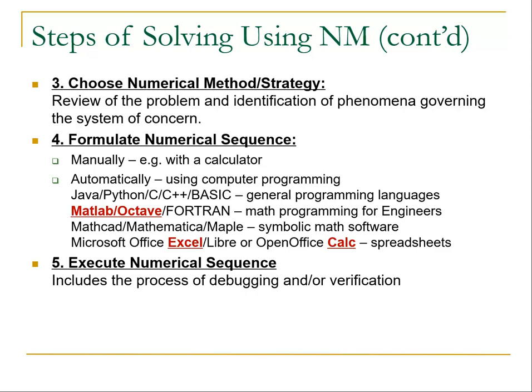So you formulate your sequence, determine how you're going to use whichever one of these tools, and you execute your sequence. Executing your sequence is an iterative process. You rarely get it the first time. You do the method and it works to a certain extent and you don't know why it didn't work and you have to go back in and investigate.